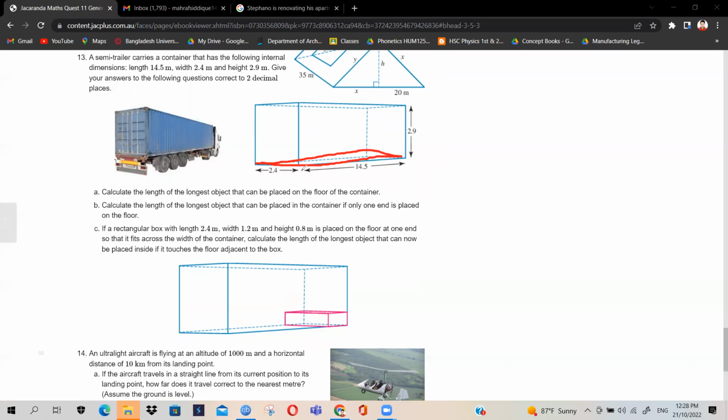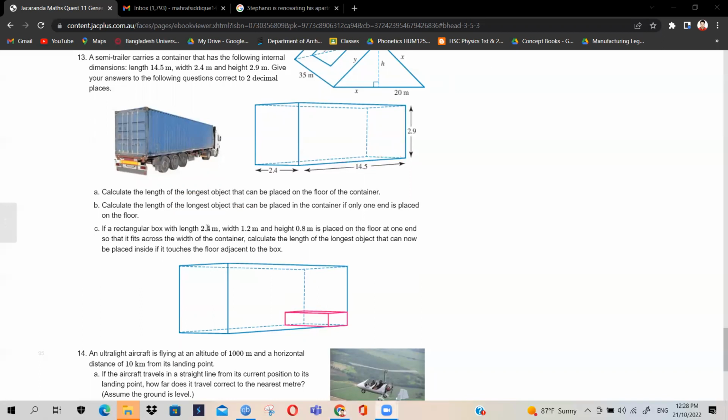Yes, 2.4 is one dimension, which you could call the width, and the length would be 14.5. If you calculate the longest object, consider it a stick, not anything else. That would be root over 2.4 squared plus 14.5 squared.